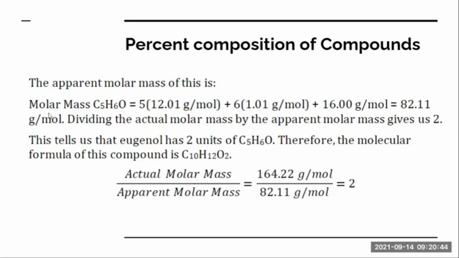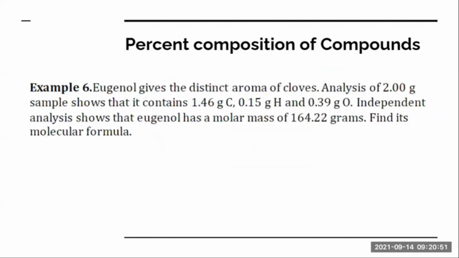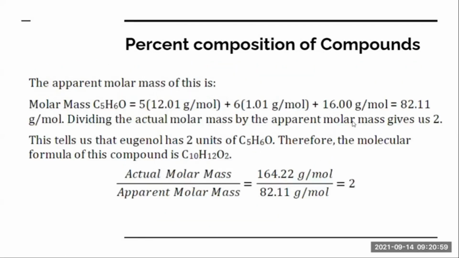The given molar mass in the problem earlier, I'll go back a few slides. Okay, so the given molar mass of eugenol is 164.22 grams. But here, after finding the empirical formula, the molar mass is 82.11, so it does not match.